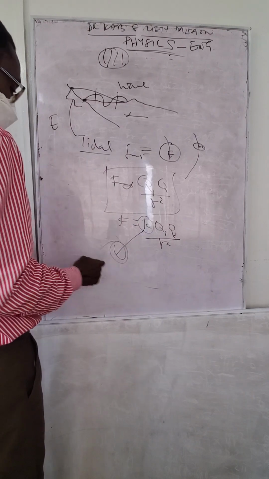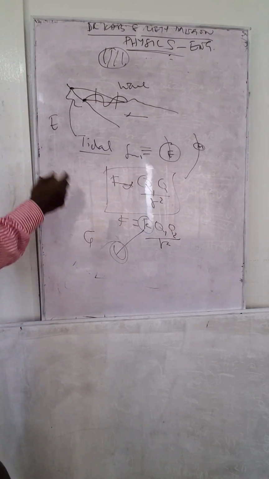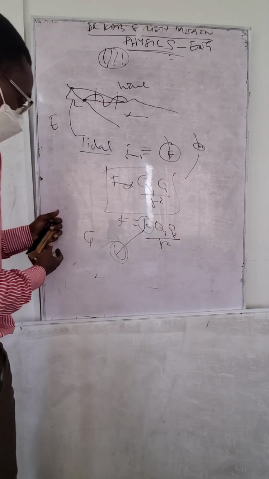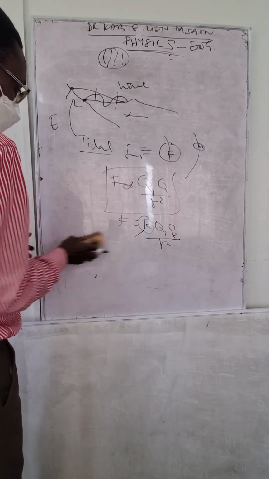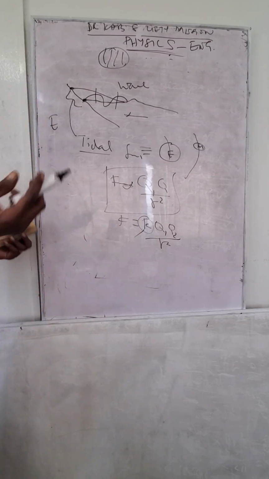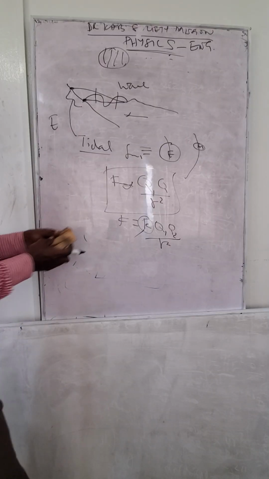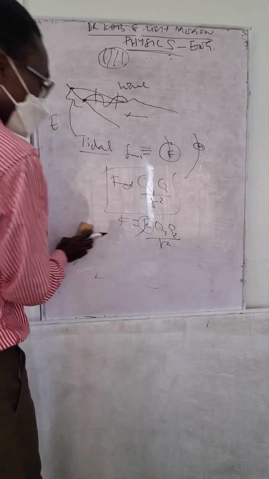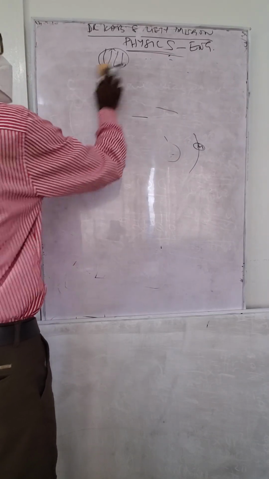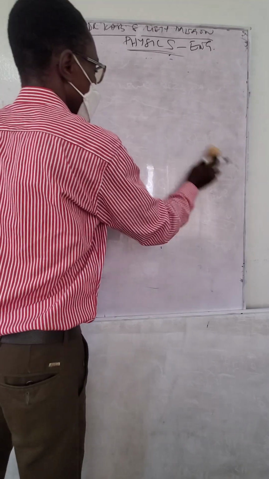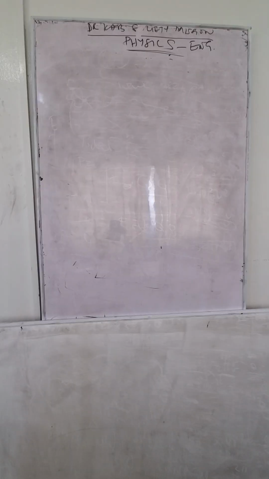If there are two bodies, of course gravity comes in and so on. We'll get there, and we also take into account the 4 pi factor and so on. Right. So up to this point, we'll leave it here. When we get to forces, we'll discuss that. So move on.